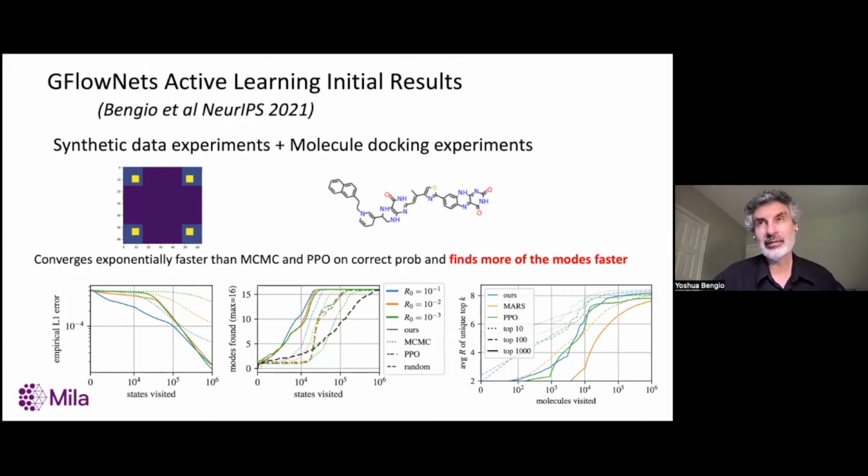MCMC because of the mode mixing issue, and PPO because what they optimize for is just finding one really good solution. And because of that, it depends on the setting, what you're looking for, but in those molecule generation search problems, we find that this diversity also helped to quickly find a larger set of good solutions.